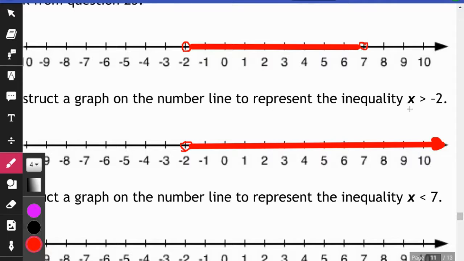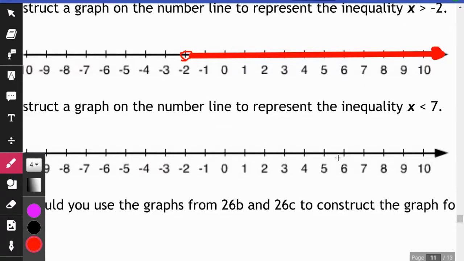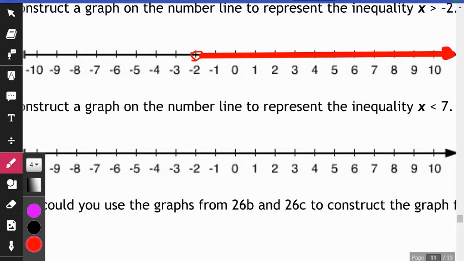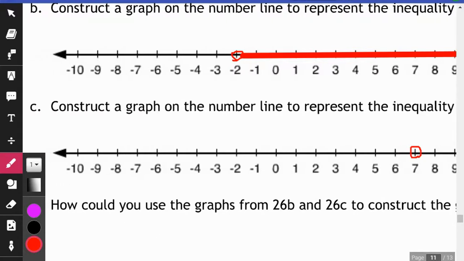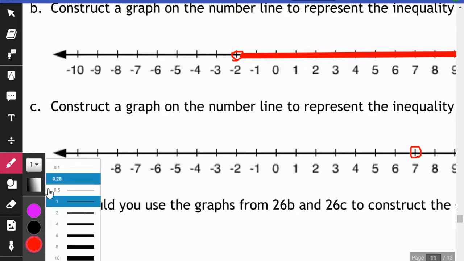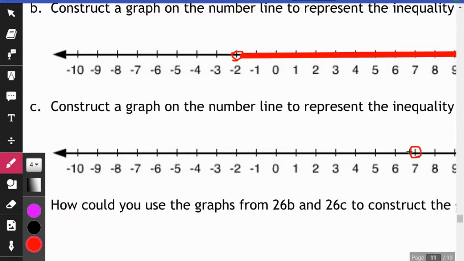X greater than negative 2. And 7, well, you know what to do. All I have to do is mark the 7 really fast. We'll make sure that I'm not equal to 7. And from there, it's just a matter of filling in all of the numbers less than 7, like so. And there you go.